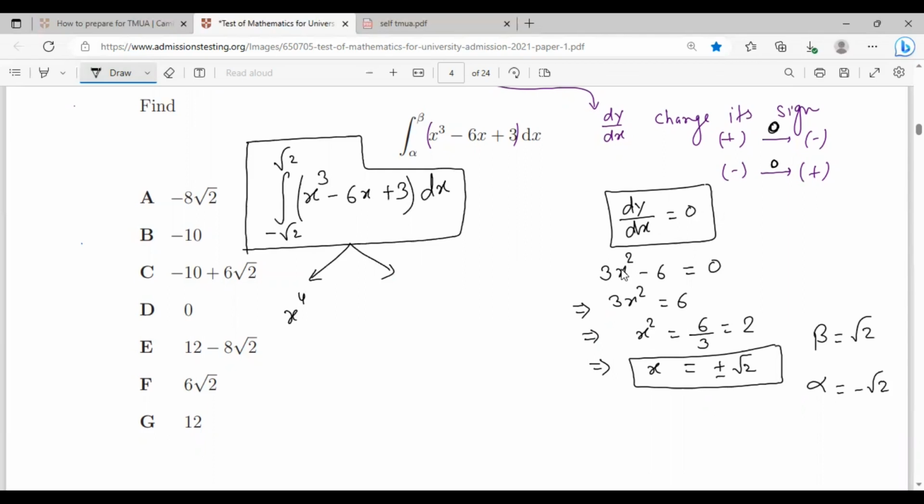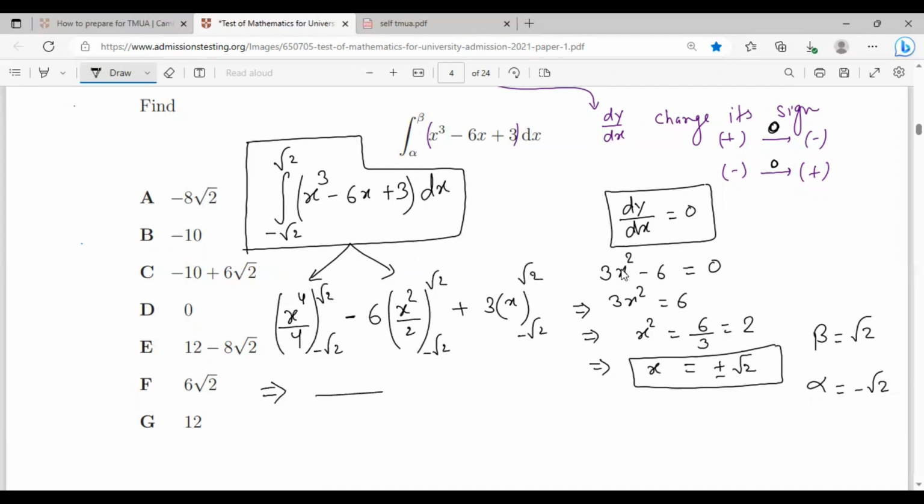The integration of x cube will be x to the power 4 upon 4 with the limit minus root 2 to root 2, minus 6 x square upon 2 with the limit minus root 2 to root 2, and the last one will be 3x with the limit minus root 2 to root 2. When you simplify this, you will get your answer. So this is the first way.